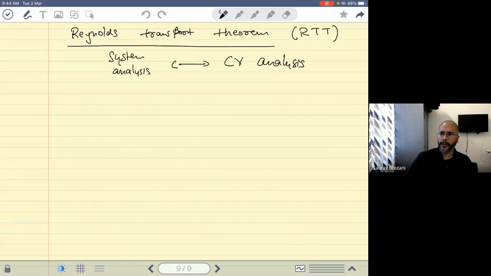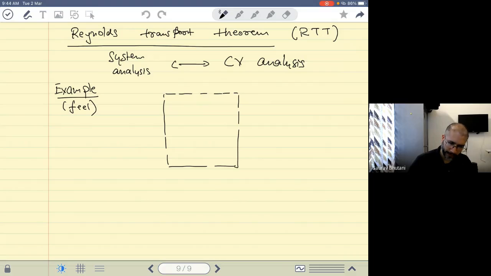Okay, I will not tell you the theorem today, we are out of time, but what I'll tell you is I'll give you an example to first develop a feel for this theorem. Okay, so develop a feel for the theorem. So let us say you have a hypothetical control volume, and you have n molecules of air inside it at a given instant of time.